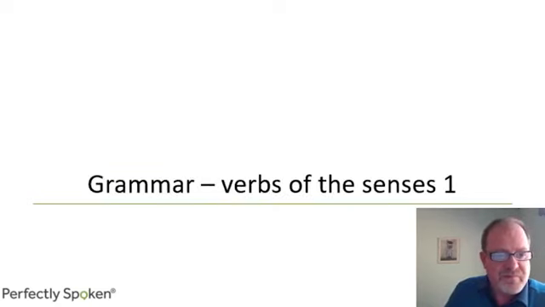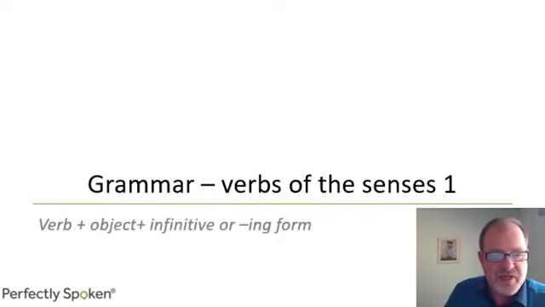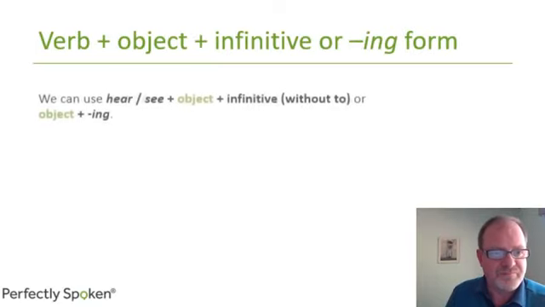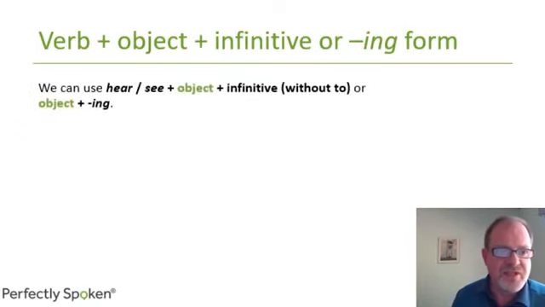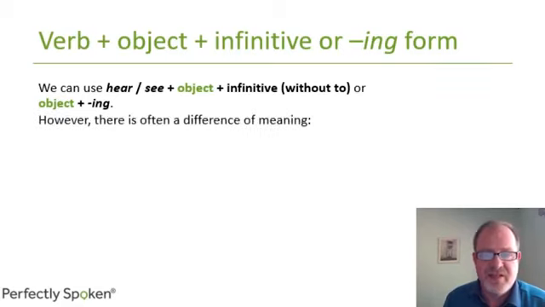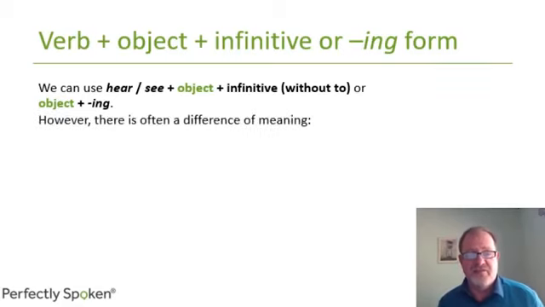Okay, the next area we want to look at before we practice is verbs plus object and then either infinitive or ing form. So we can use hear, see, plus object plus infinitive without to, which is important, what we call the bare infinitive, the infinitive without to, or object plus ing. There is usually a difference of meaning between them.